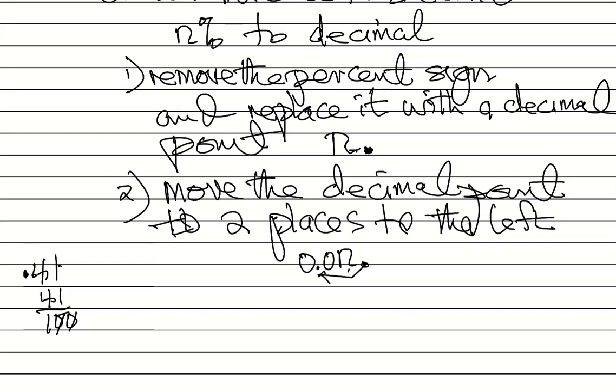If you don't have enough digits, just put 0 in front of the number. I'm going to do some examples to help you understand what is going on.